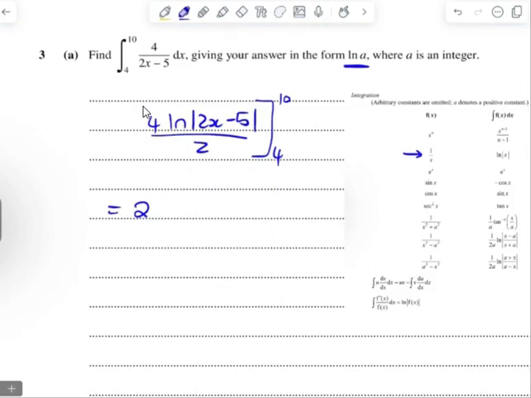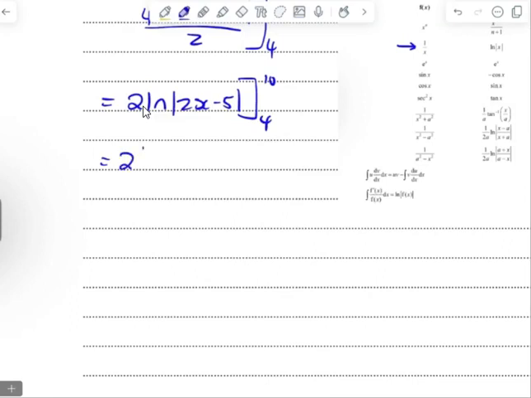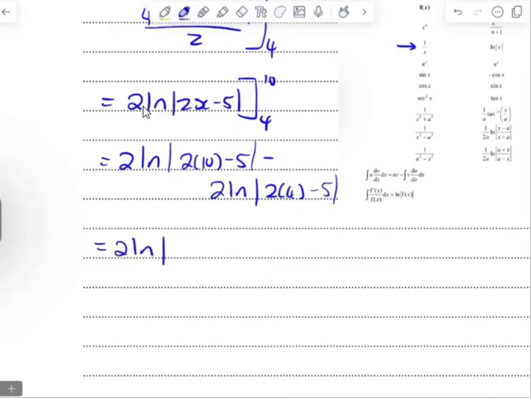Can I simplify this? Yes, I can. Just going to say 2 ln minus 5. Now I get to plug in my 10. And that's going to be 15 minus 2 ln 3.